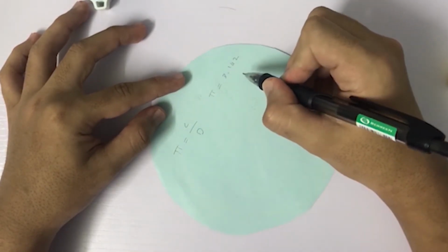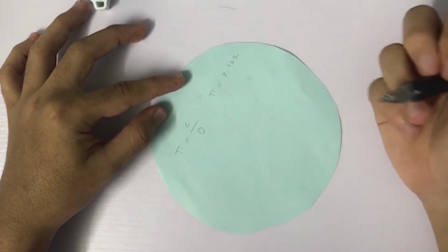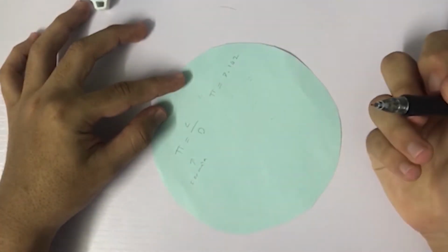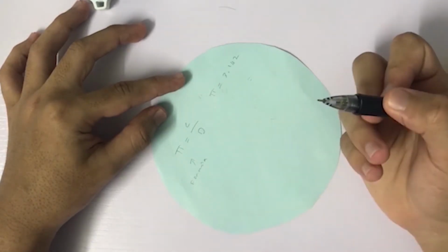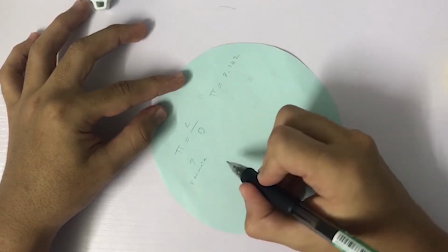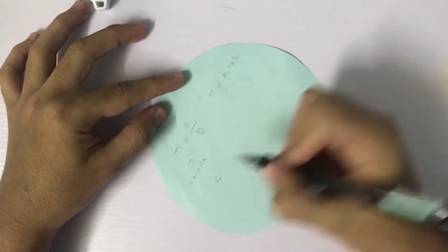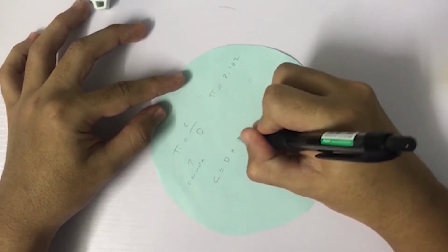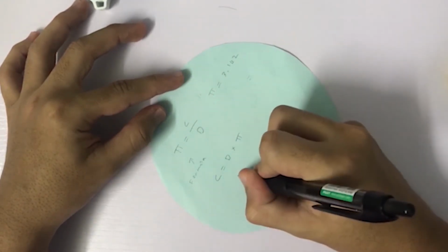This is the simplest value. So from this formula, we can also find the circumference of the circle by deriving from this formula. So we can conclude that the circumference, which is C, is equal to the diameter multiplied by the pi symbol.